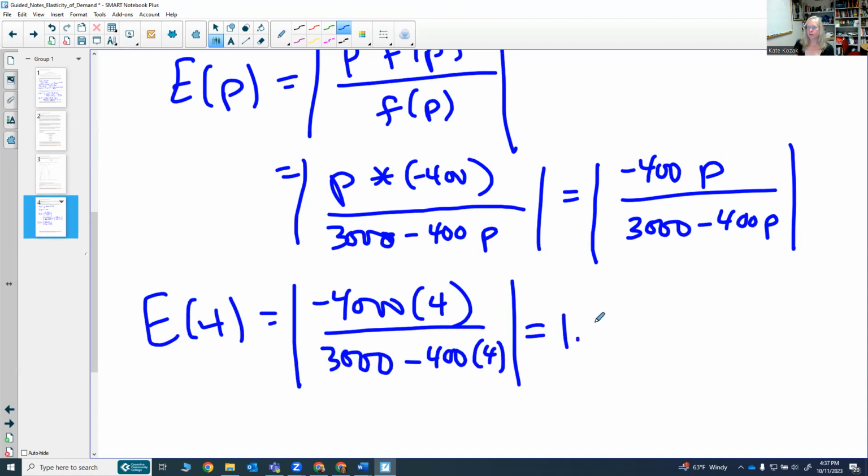That's equal to 1.23. This is elastic demand, and because it's greater than 1, raising the price will decrease the revenue. You need to decide if that increase is really what you want to do. Sometimes cost increases can mean that you need to increase price, but there may be a decrease in revenue if you do.